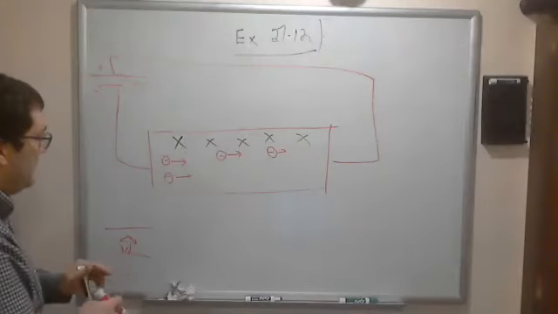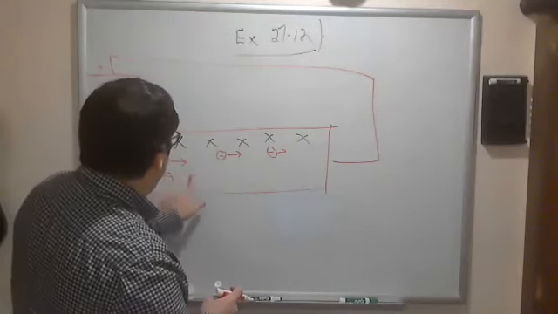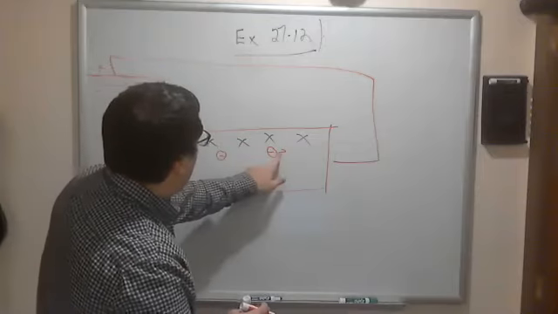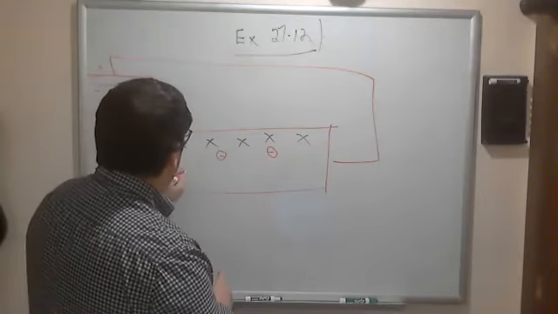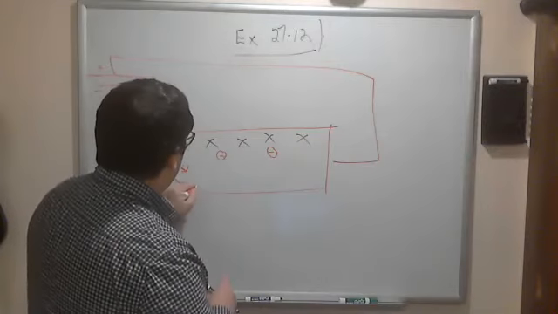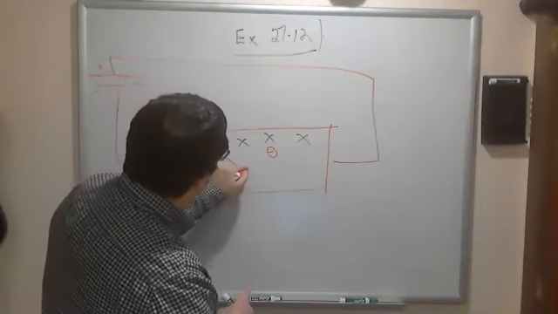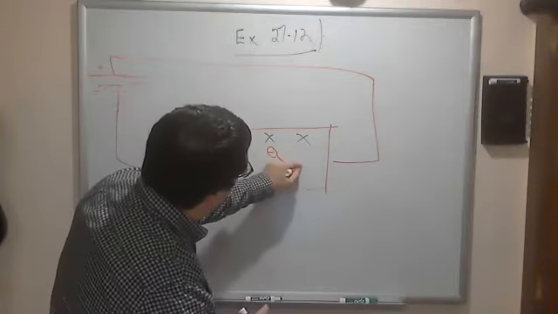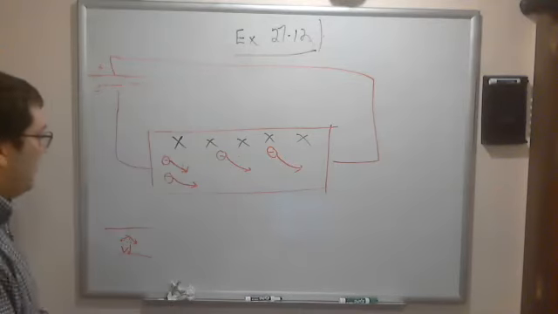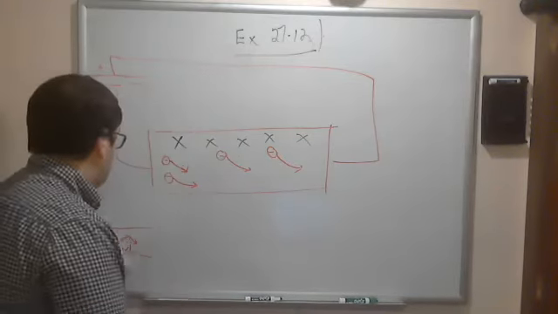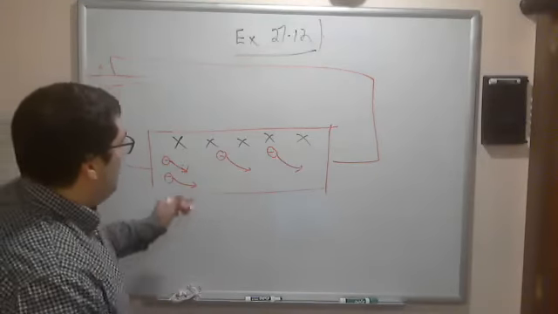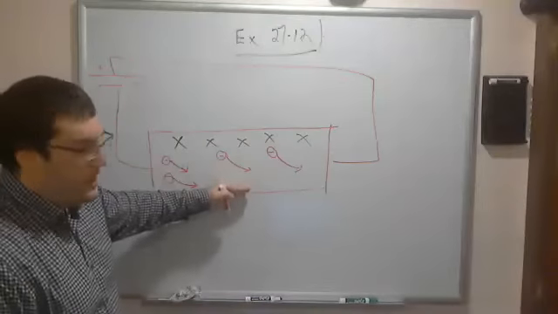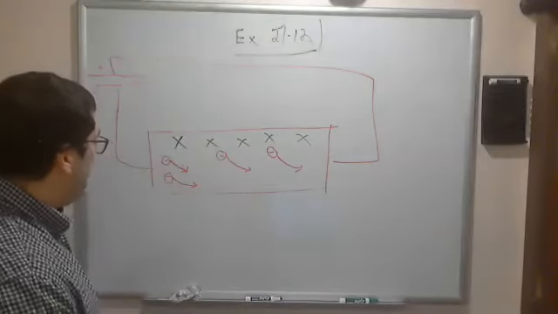So what would happen is that the velocity of these electrons would be downward, and they would start to move downward like this. Then what eventually happens is that you'll build up charge on one side of the wire.